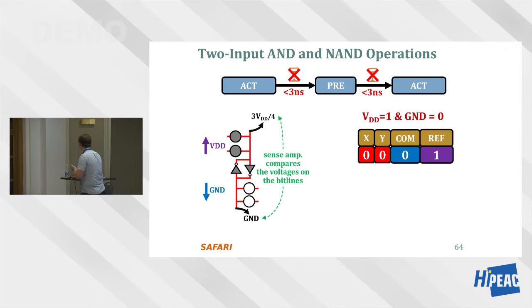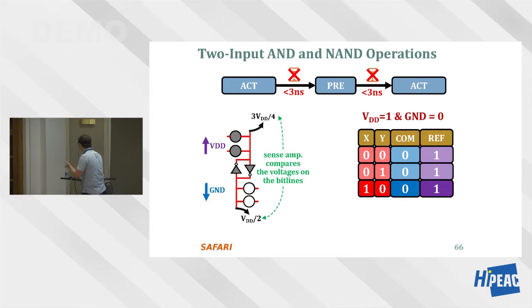Amplification means that this goes up to VDD and this goes up to ground. So at the compute subarray you'll get 0, and at the reference subarray you'll get 1. Okay, so this is true if X and Y are 0 and 1, because over here you get VDD over 2 averaged, and it's still lower than 3 VDD over 4, so we'll get 0 and 1 over here. This is true for 1 and 0 also, because it's just the same thing, symmetric.